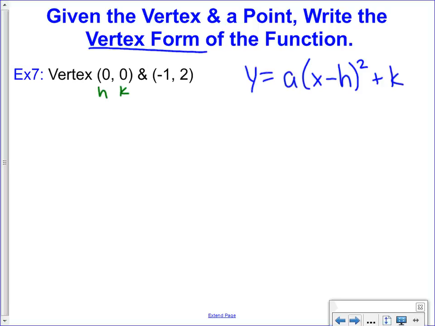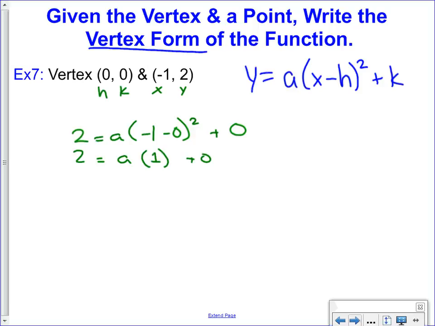So this is an x and a y that happens to be on this parabola. So we got 2 is equal to a(negative 1 minus 0) squared plus 0. Negative 1 minus 0 squared is just 1, plus 0.